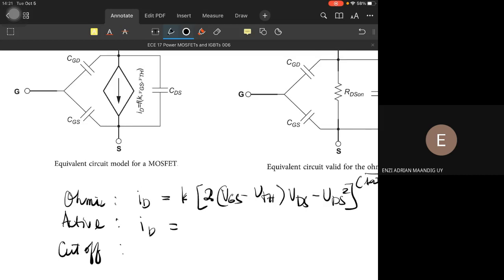As for the active region, ID is equal to K times VGS minus VTH, squared. And of course, kung cutoff, ID is equal to 0.